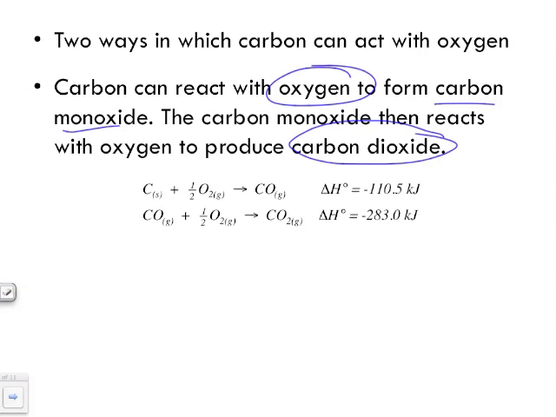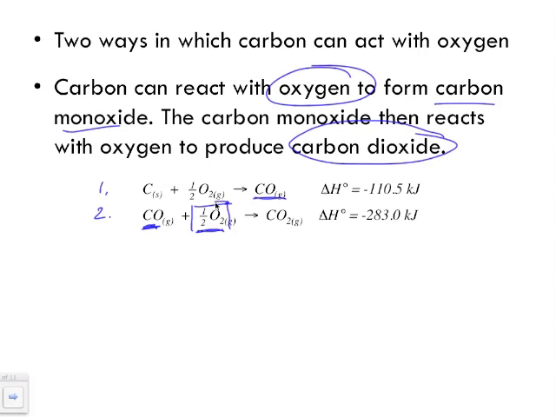Now, look at one of the products we're forming, carbon monoxide gas. Look at this next reaction. So we've got equation 1, now equation 2. The carbon monoxide that's going to form, look at what it's reacting with. It's reacting with one of the reactants from the original equation.